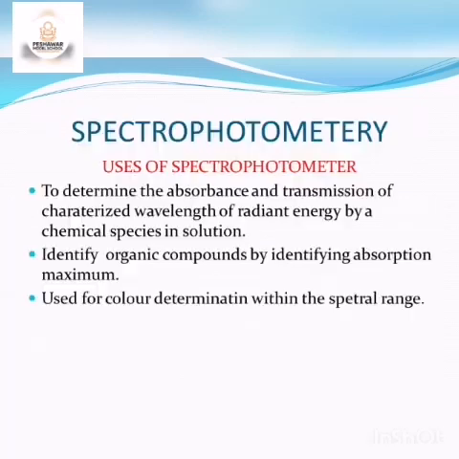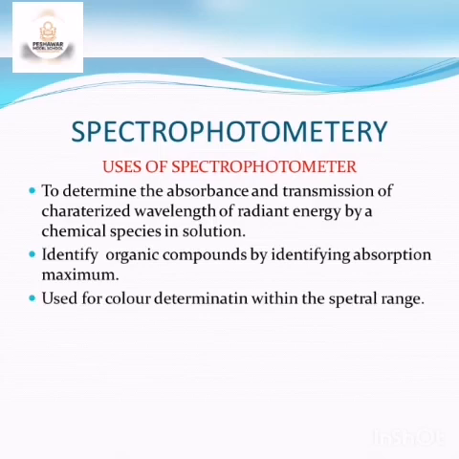Now look at the uses of the spectrophotometer. A spectrophotometer is used to determine the absorbance and transmission of characterized wavelengths of radiant energy by chemical species in a solution. It means that it shows the absorbance or transmission of any chemical species present in a solution.